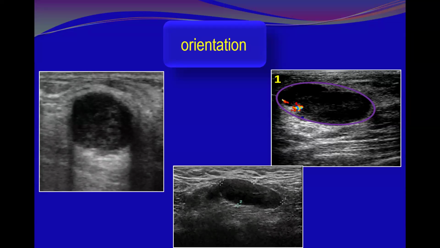Still, it's an oval lesion with regular margins and a well-defined pseudocapsule, so I will put it as BI-RADS 3.